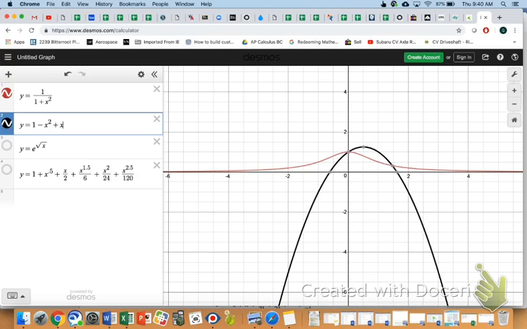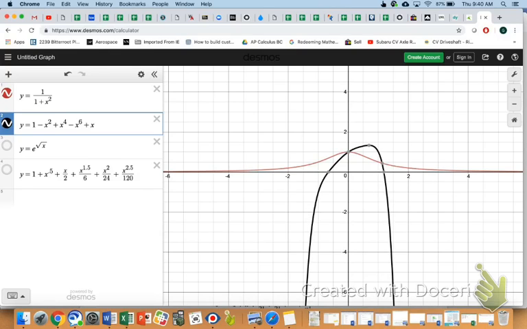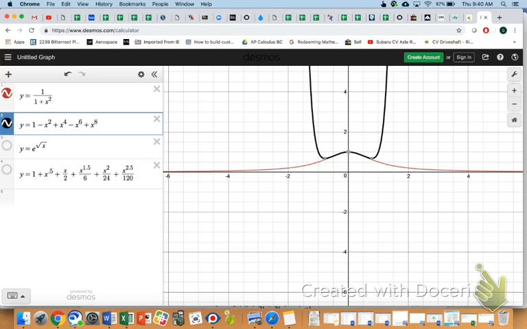So at this stage I've got 7 terms, so I have even more terms on this one, right? And did you notice how at least visually, the interval of convergence basically stayed tight? It might have moved out just a tiny bit, but not nearly as dramatic as with that other set of graphs, right?